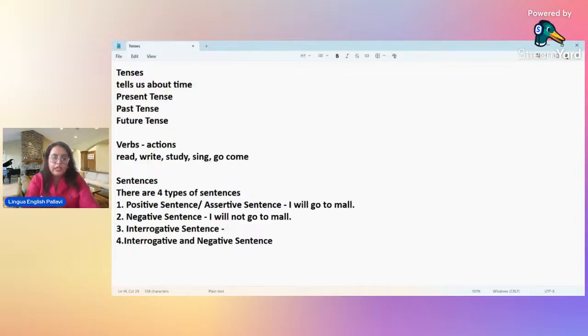And interrogative means a question mark. So how will my sentence be? Will I go to the mall? That's a question. Next, interrogative and negative means both are together. It's a combination of both.